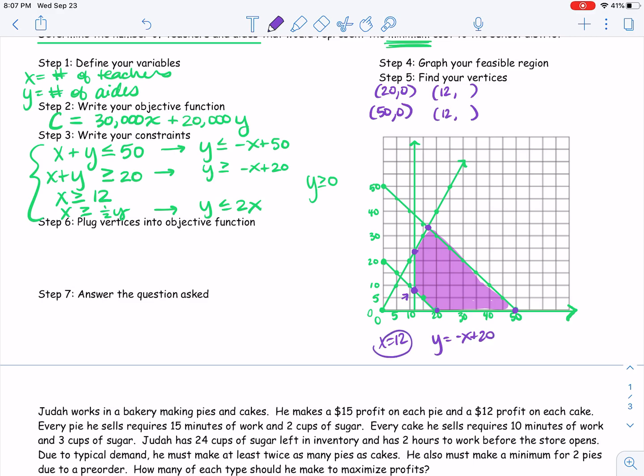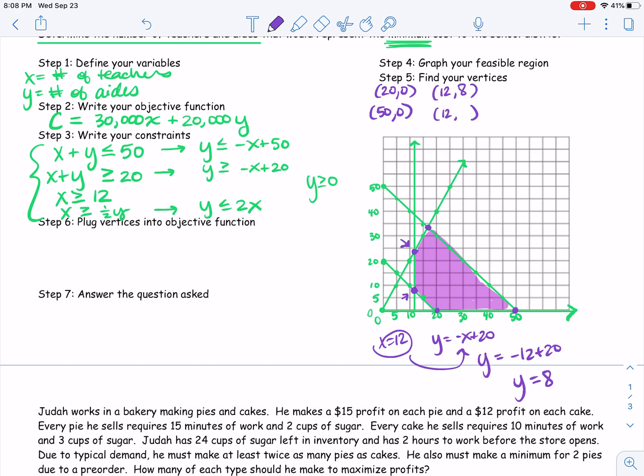If I know what x is, I can plug that in. So I'm getting negative 12 plus 20, which means y is 8. So this point right here is 12, 8, which makes sense on my graph. It looks like it's at 8, and that makes me feel good that I did my math right.